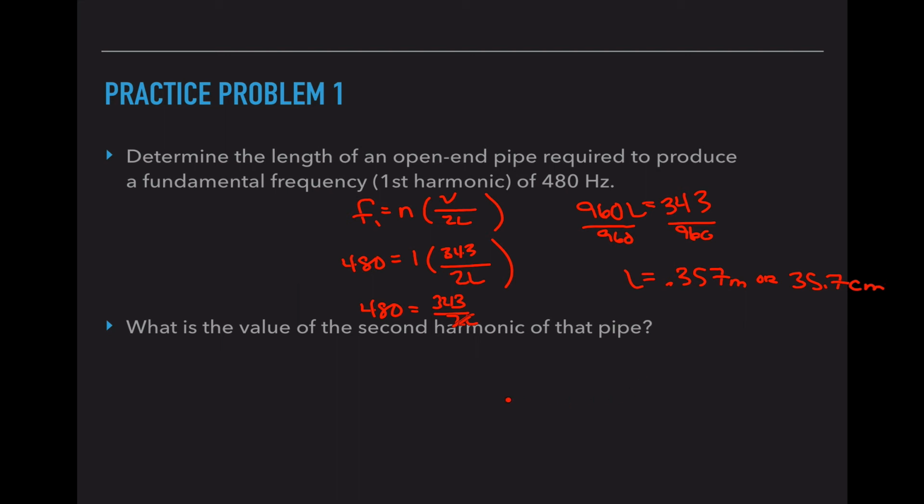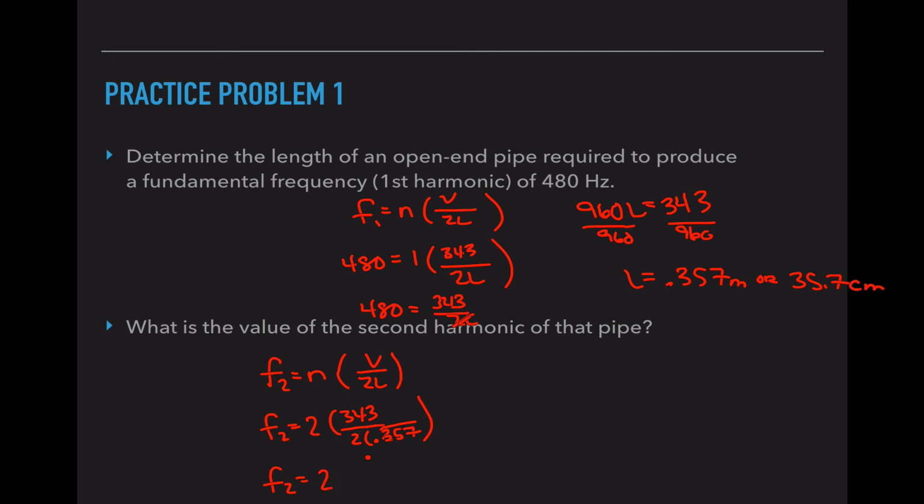Now, what is the value of the second harmonic of that same pipe? So what I can actually do is the same equation, F2 equals N times V over 2L. Now I know the length, so F sub 2 equals 2 times 343 over 2 times 0.357.